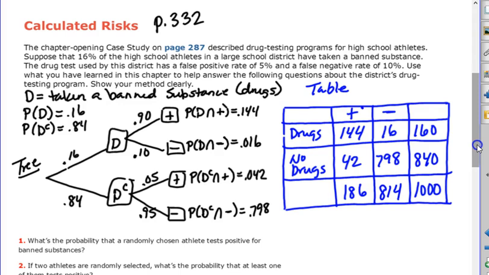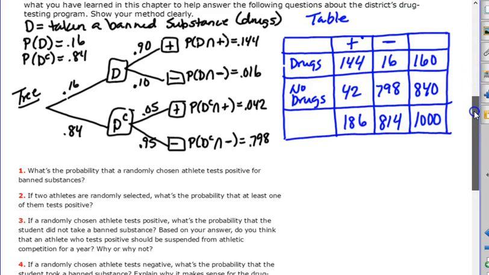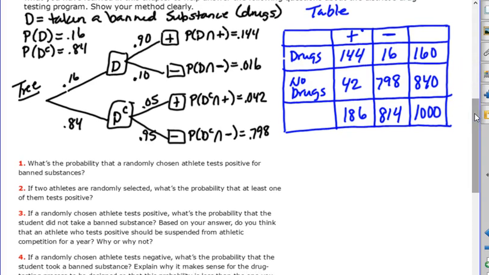Okay, so this table gives us a lot of information too about the same situation. So what's the probability that a randomly chosen athlete tests positive for a banned substance? So I'm going to start by using a particular color for this. So let's make this red. Okay, so this is red.